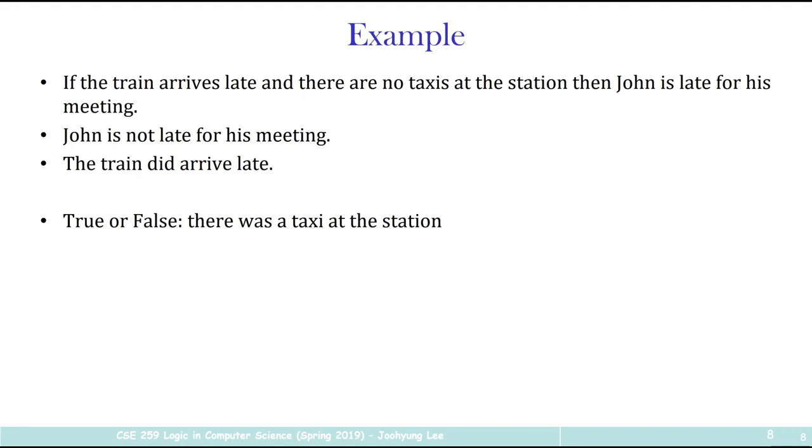Okay, so let's open the poll. It is a true or false question. Was there a taxi at the station, true or false?